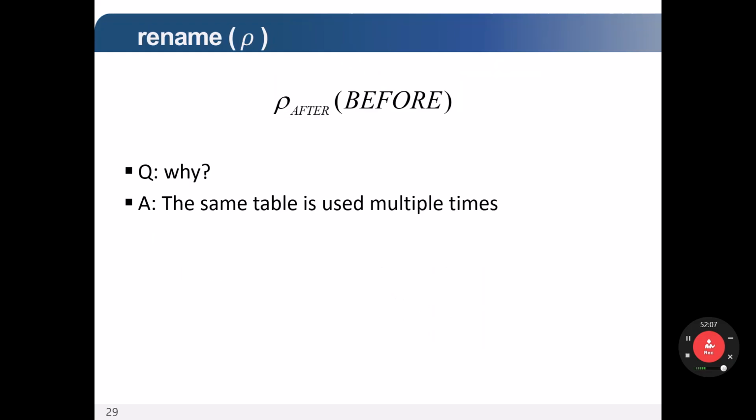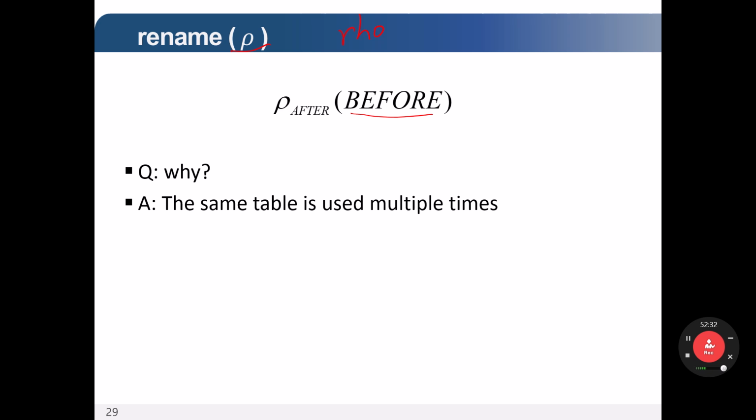The next operator is called the rename operator, and we use this Greek symbol rho as the operator, and this is a unary operator. And what it does is it simply renames a table or attribute.